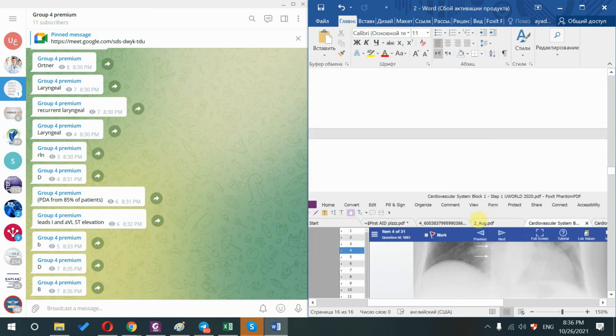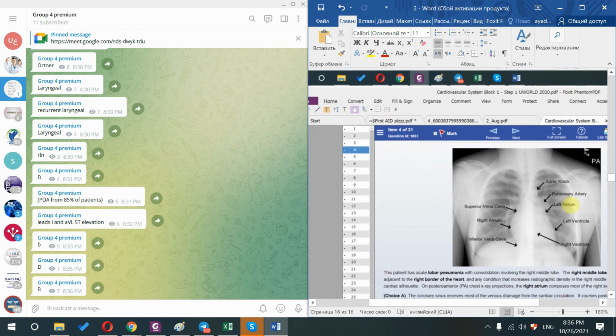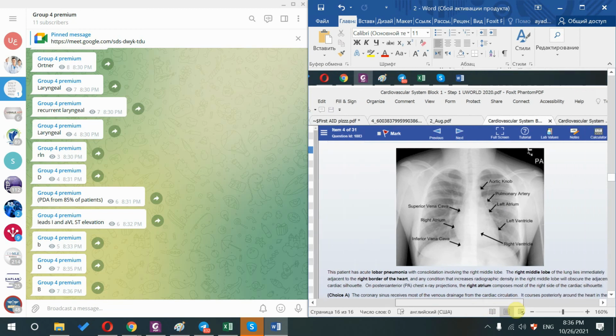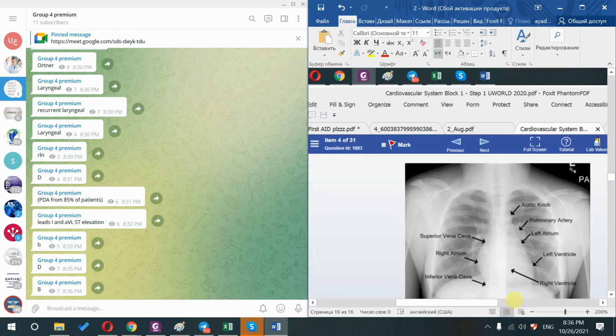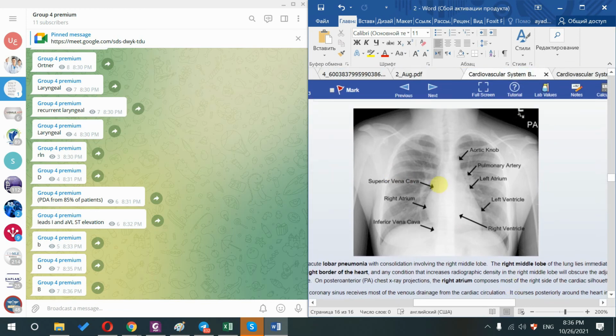So this is the right atrium. I want you guys to save this picture. I used to have it as the background of my phone, actually. You have to know that the superior vena cava is here, right atrium is here, inferior vena cava is here. This is the aortic knob, and if it enlarges, that means something. The left atrium is here.